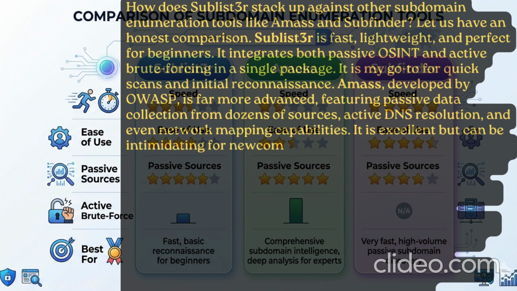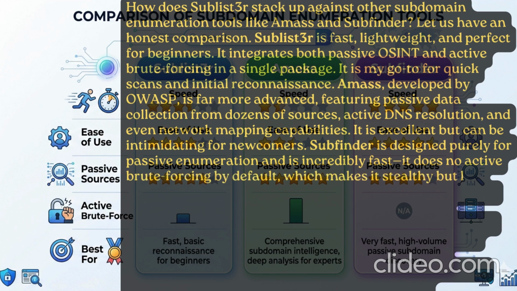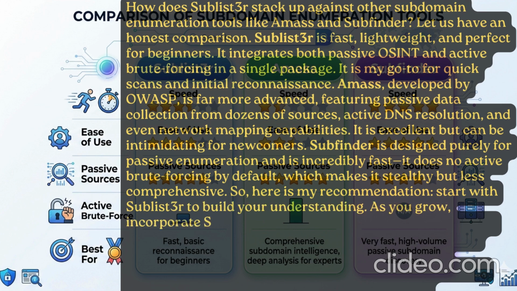intimidating for newcomers. Subfinder is designed purely for passive enumeration and is incredibly fast. It does no active brute force by default, which makes it stealthy but less comprehensive. So here is my recommendation. Start with Sublist3r to build your understanding.